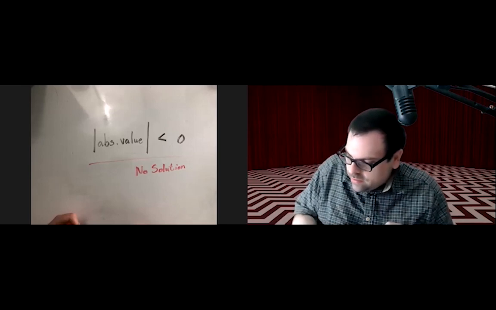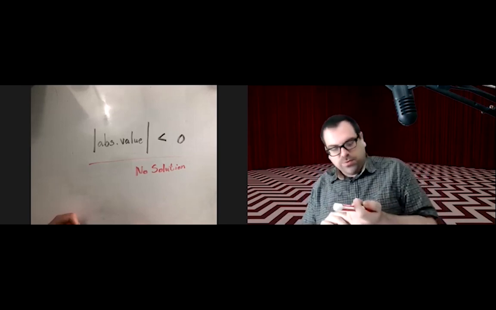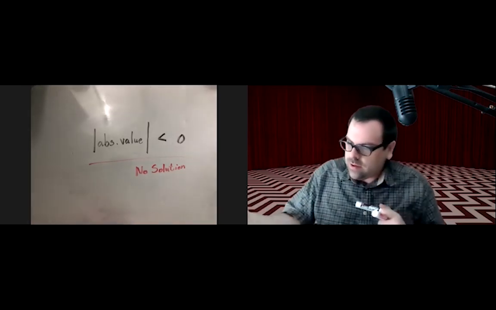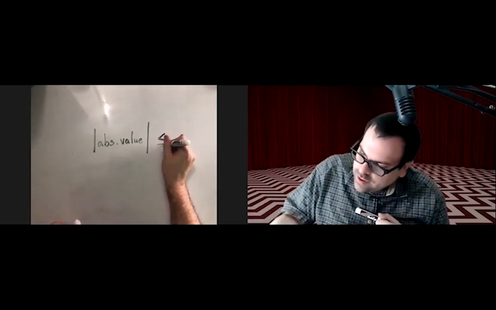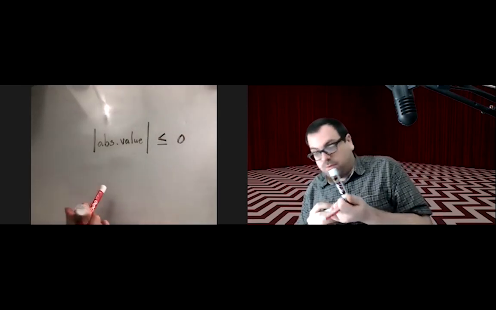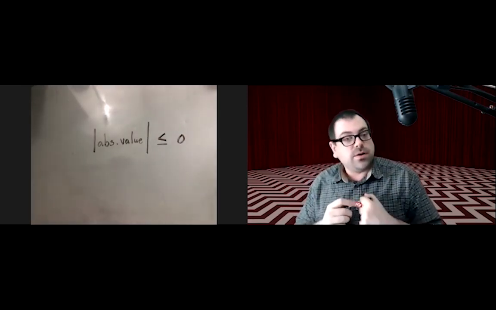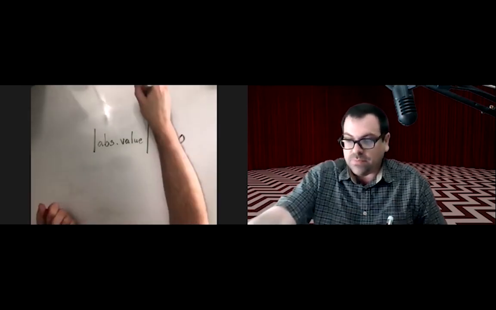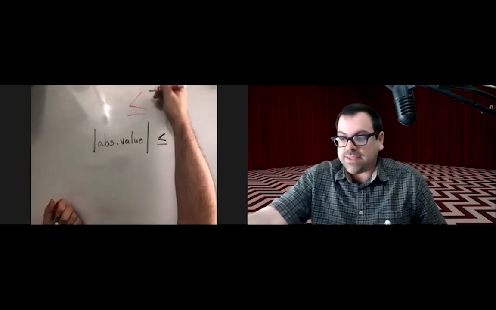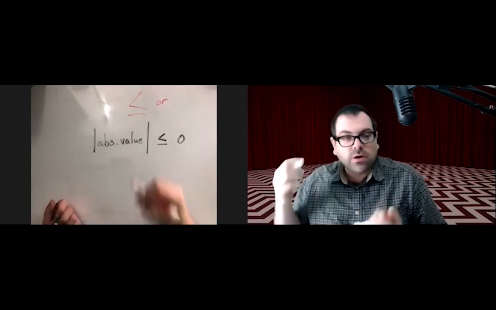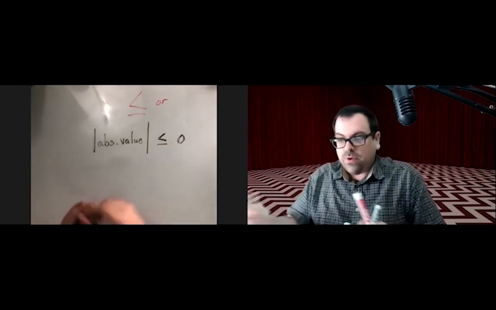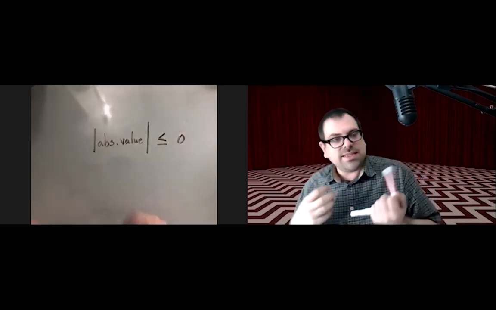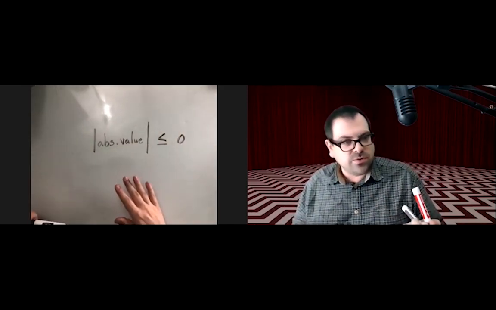What about if it did have the or equal to here? Absolute value less than or equal to zero. Well, remember what this means. This symbol means less than or equal to. We just showed that if it was just less than zero, there would be no solution.